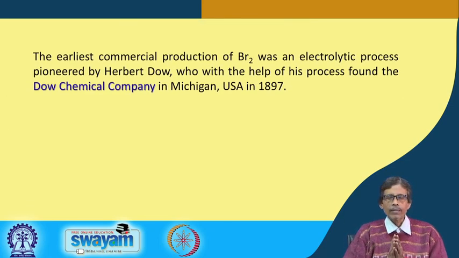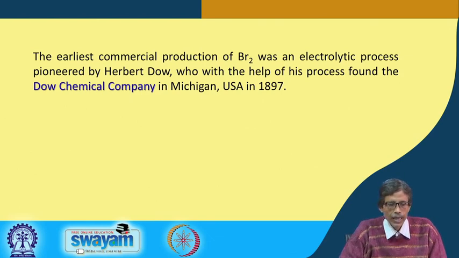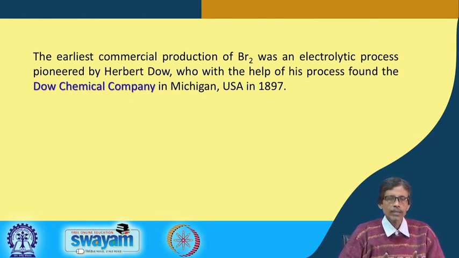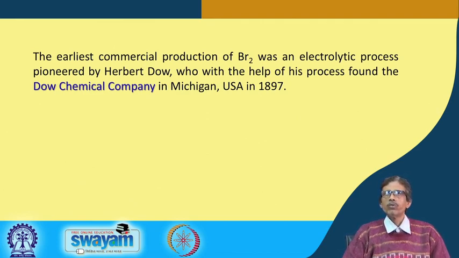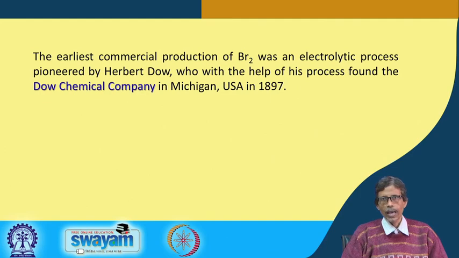So, what we see is what people started long back in this sort of activity. If you have a huge supply of the corresponding bromide salt, whether you are importing from another country, or you have it in your own country or a nearby supply, or some industry is producing the corresponding bromide salts, you can take all these for getting pure bromine, because bromine is a very useful material.